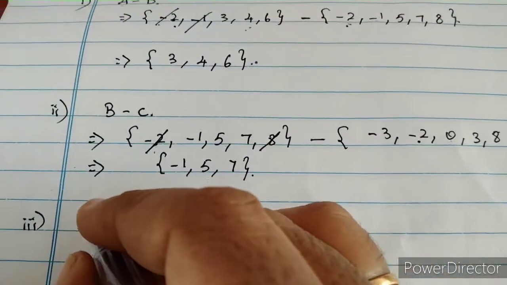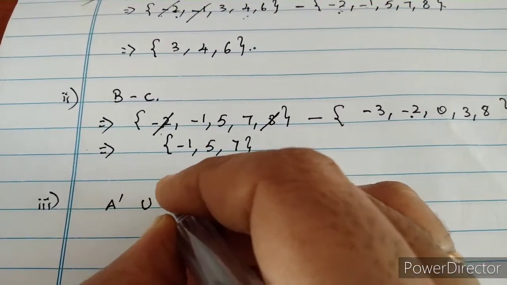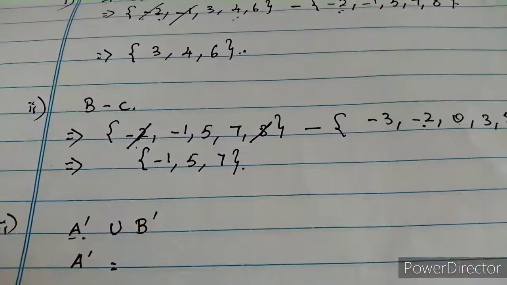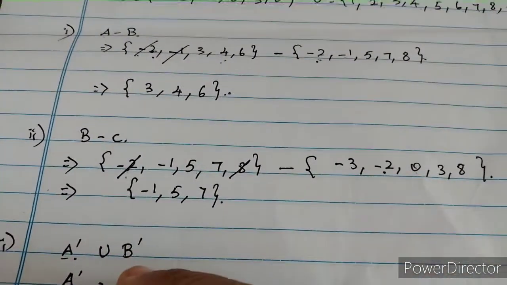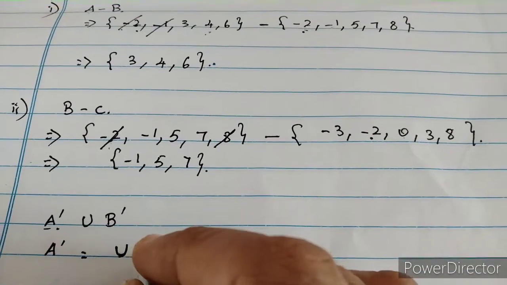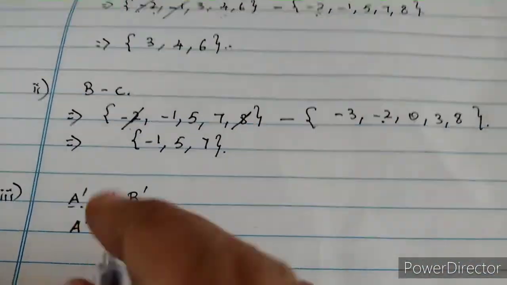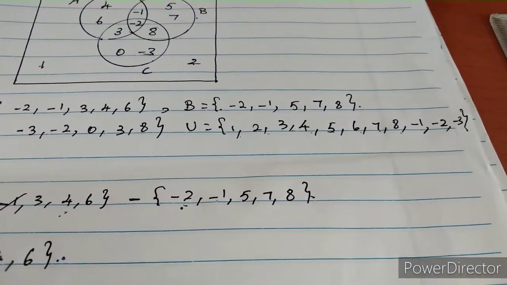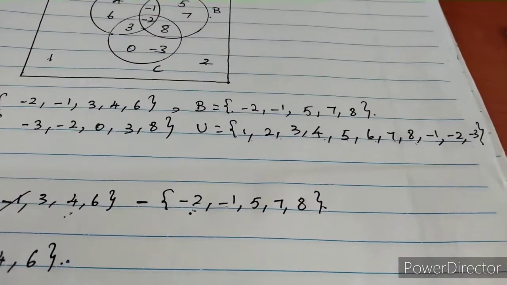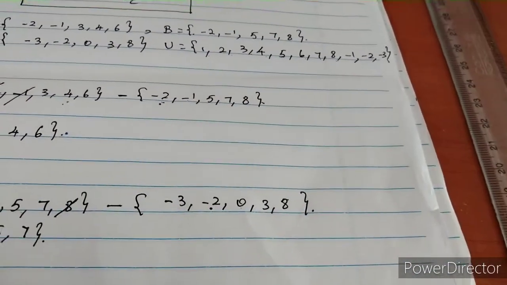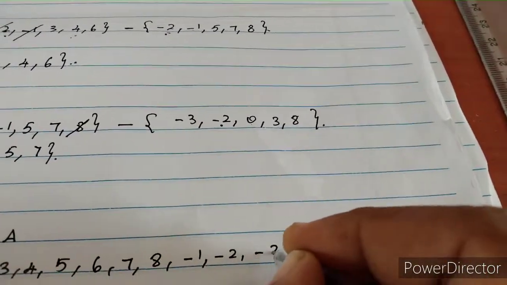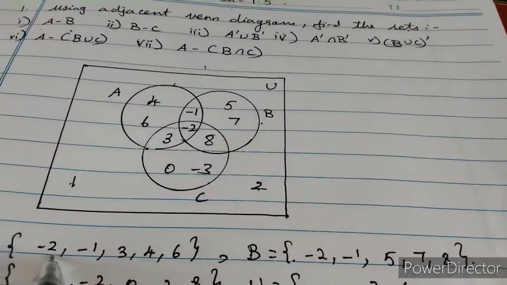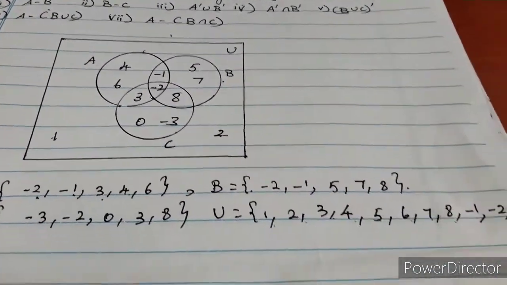Your third question is complement of A union complement of B. So first find out the complement of A. What is meant by complement of A? All the elements of the universal set that are not elements of A. So write the elements of the universal set: 1, 2, 3, 4, 5, 6, 7, 8, -1, -2, -3. And the elements of A are -2, -1, 3, 4 and 6.